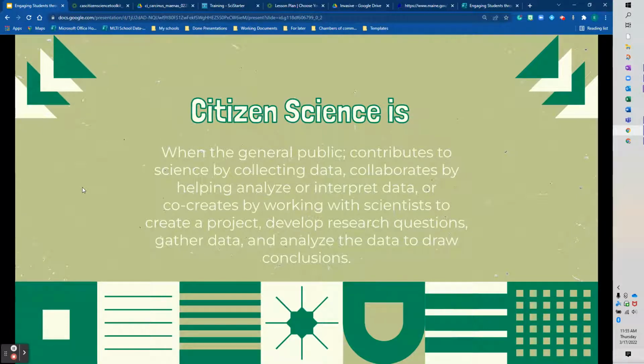We did our research and drew conclusions and presented our findings to the principal of the school, and made a real change. So it can be as simple as just going out and collecting data and practicing those steps. That's a fantastic way to be a citizen scientist, but there is a lot more to it than just that.